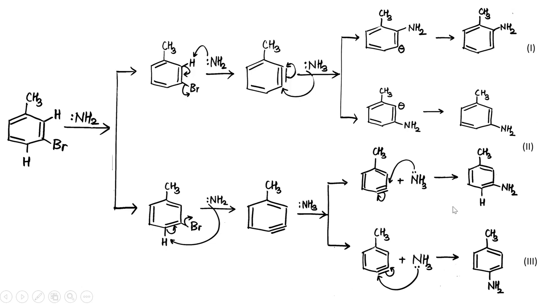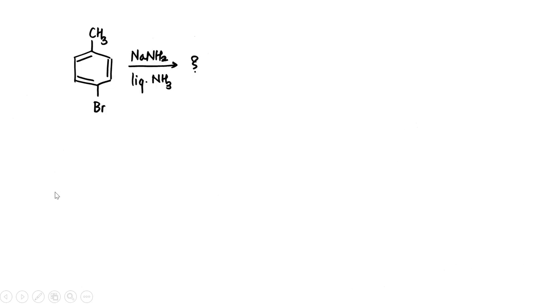Now the second condition: if the bromine atom is present at the para position, or any substituent is present at the para position, then what will be the product? Let's see. So this type of compound, para-bromotoluene, in presence of NaNH2 and liquid NH3. Firstly, this NH2 will simply abstract an alpha hydrogen.